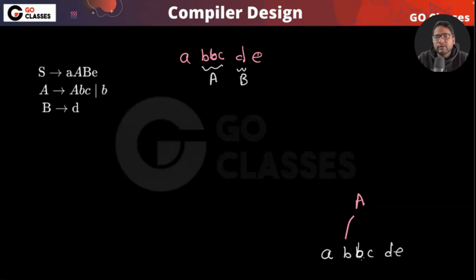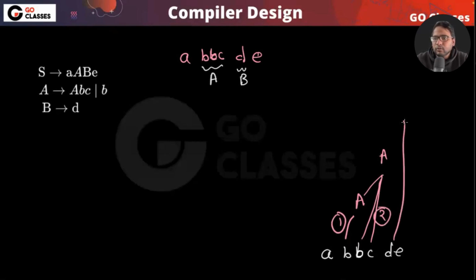For this B, will it be doing anything? Tell me. No, right? For the C, will it be doing anything? No. So ultimately, when it reaches only C, it will not do anything, but it will say that, okay, currently I have this small a, capital A, small b, small c. So let me reduce this to capital A. This is the first step. This is the second step, isn't it?